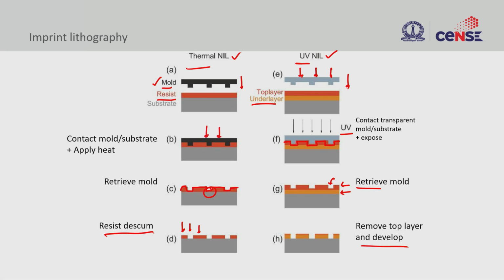We can use the proximity printer or contact lithography tool to do this lithography. We don't need any special equipment. The same contact lithography tool can be used, but you may need nano imprint lithography attachments, either a heated chuck, or a transparent mask or transparent mold.